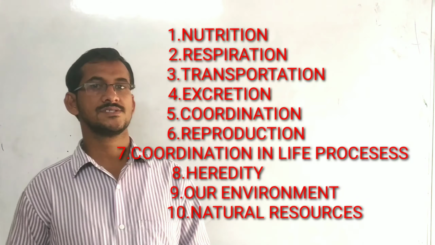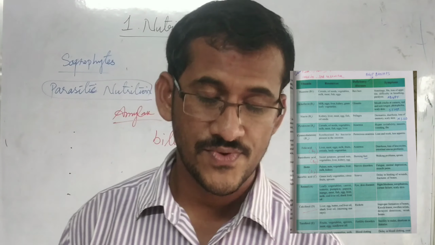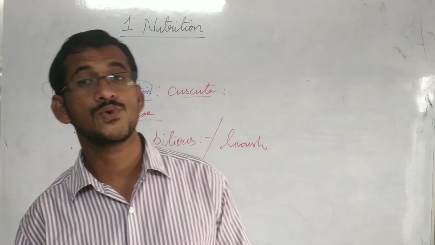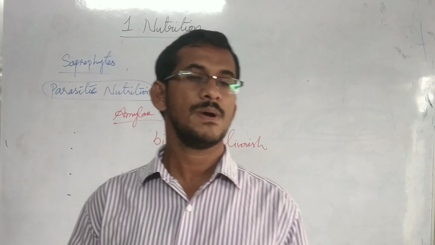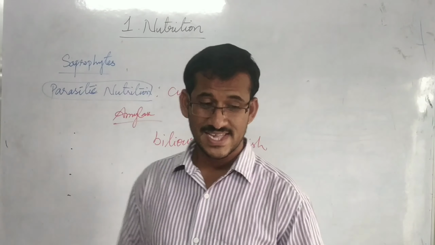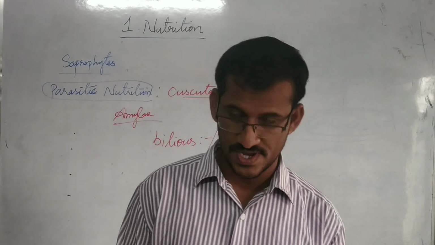Questions can be asked from this vitamin chart. So prepare it, and I have given you tricks on how to remember this vitamin chart in my previous video, once you watch that video. So these are the important questions from the first chapter.